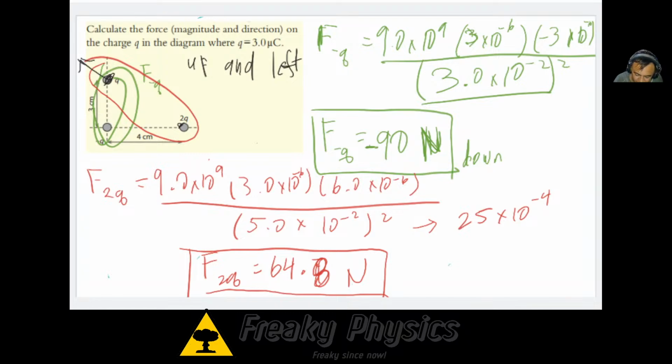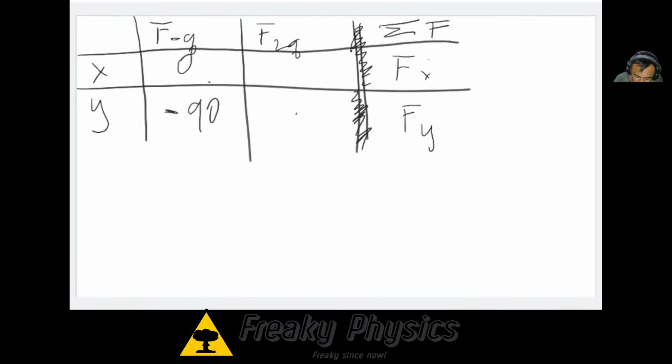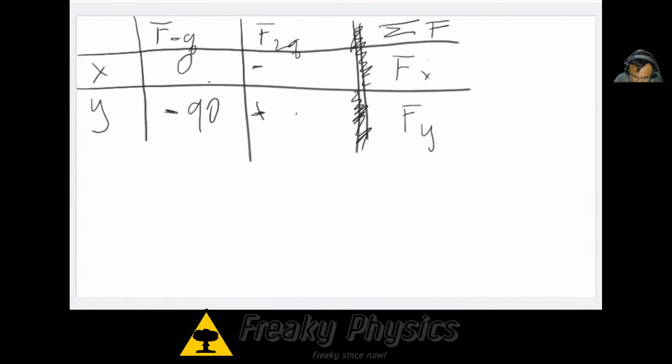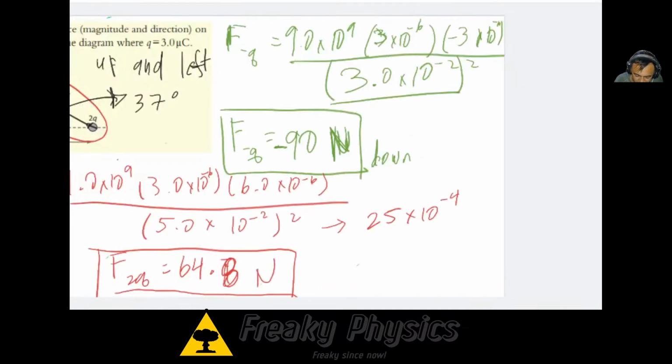This means this is positive and this is negative. What are we going to put here now? As we said before, if you use trigonometry, this is 37 degrees.